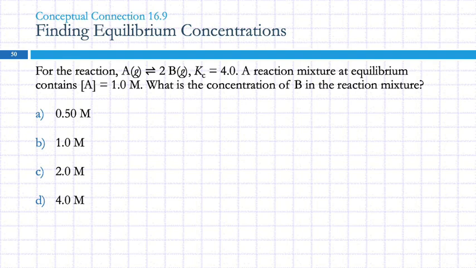Okay, finding equilibrium concentrations. For this reaction, we've got A going to form 2B, and we're told that Kc is equal to 4. We've got a reaction mixture at equilibrium that has A equal 1. What's the concentration of B in the reaction mixture?